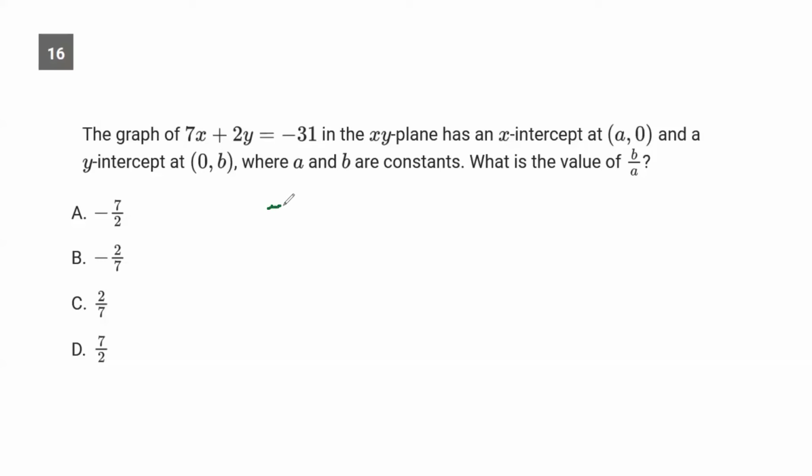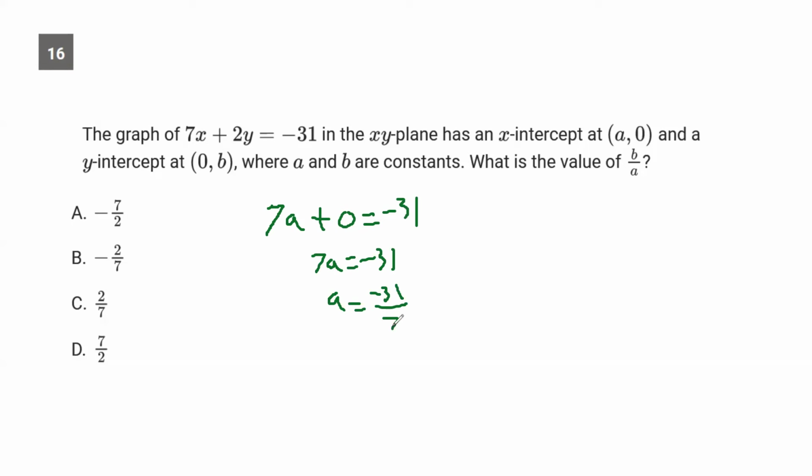All right, this was in Math Module 2A. So 7a plus 0, right? Because 2 times 0 is 0, equals negative 31. And then we're going to get 7a equals negative 31. A equals negative 31 over 7.